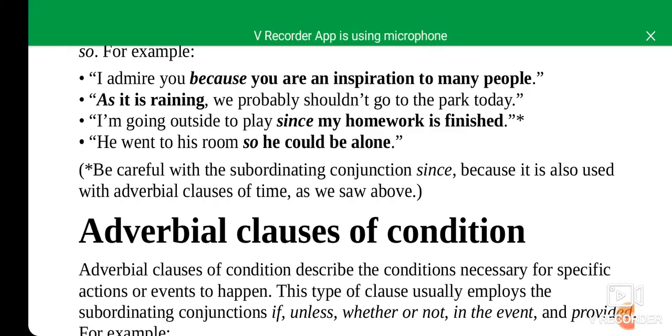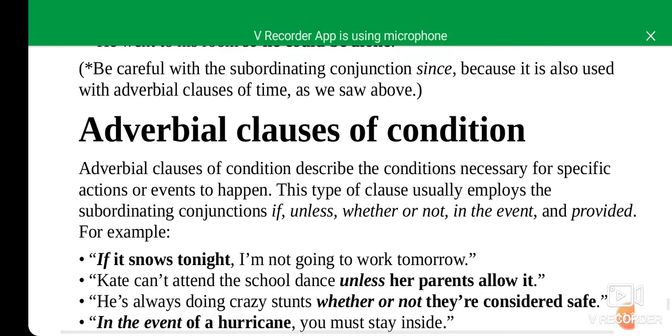Why are you going outside to play? Because my homework is finished. Here "since" has been used in the sense of "because" and it shows the reason, so it's an adverbial clause of reason. He went to his room so he could be alone. "So" also shows the reason.